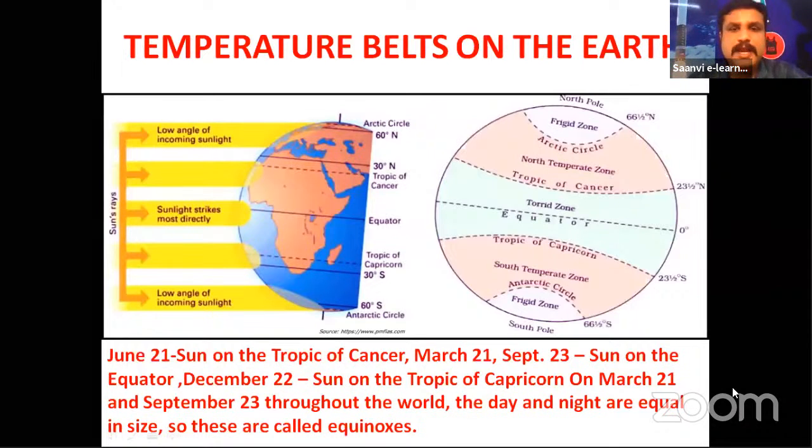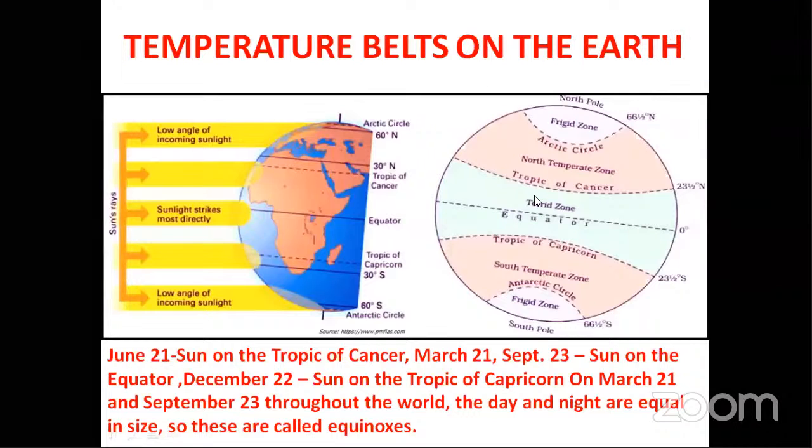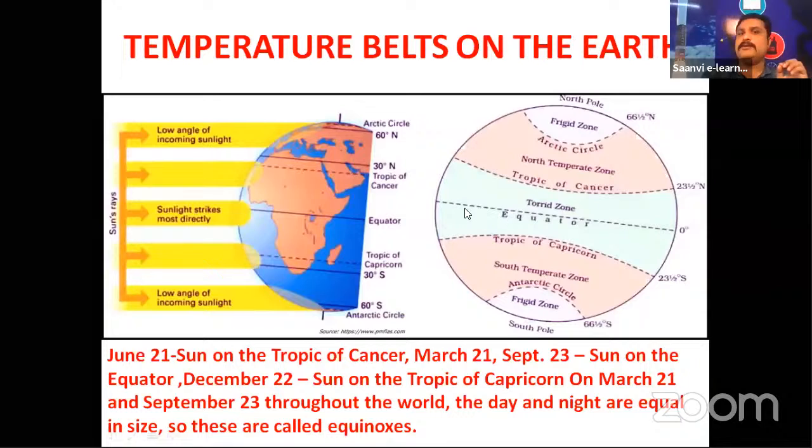Okay, students, in the last session we discussed the seasons on the earth, and at the end of the session we covered the temperature belts on the earth, which are nothing but different zones. Please look at the screen and note down the torrid zone, which is at the equator line. This region receives high sun rays, so insolation is more here. Similarly, toward the north and south poles, temperature decreases.